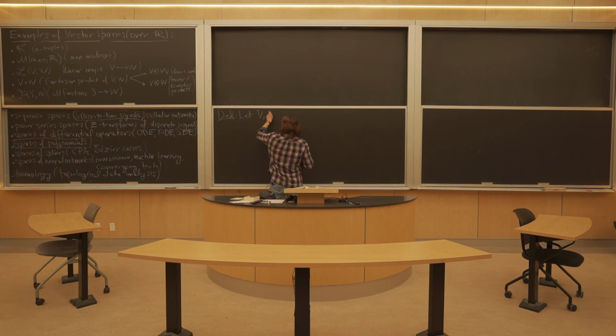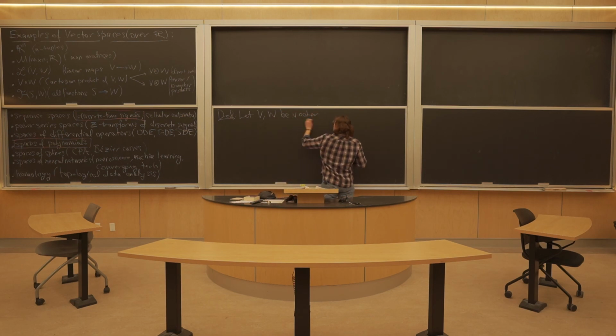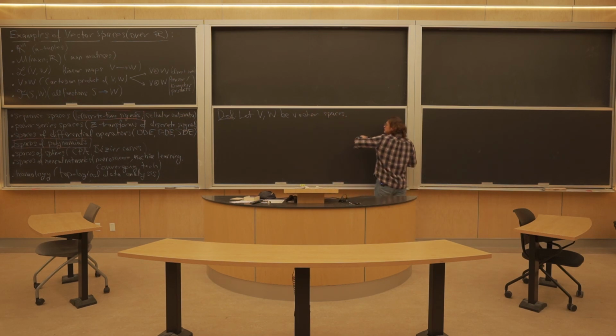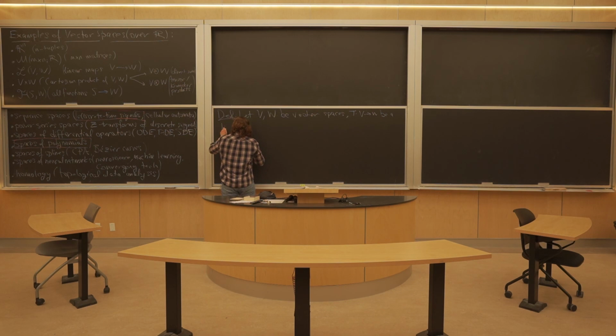Let V, W be vector spaces. And let me take, I guess, well, I can just use L, I can use T, from V to W be a linear transformation.